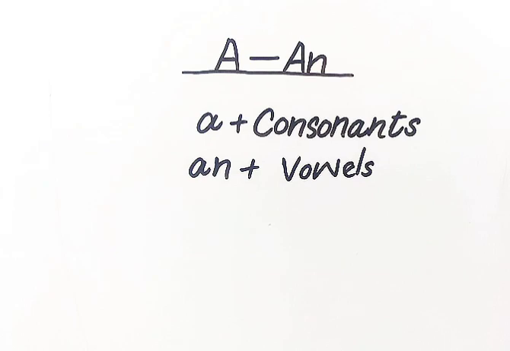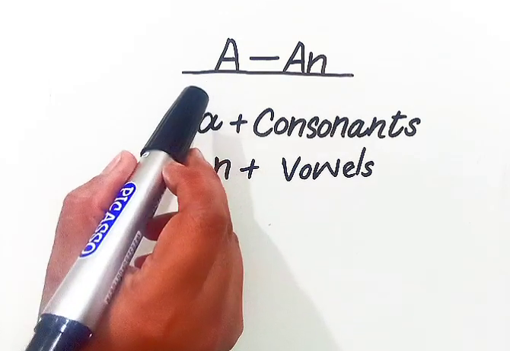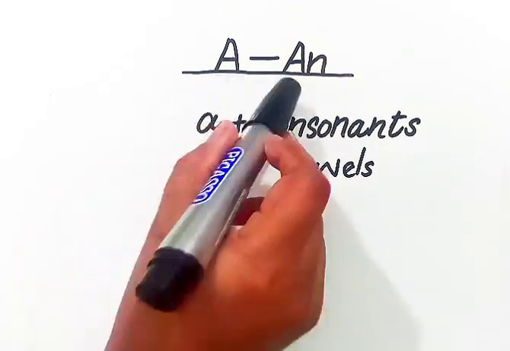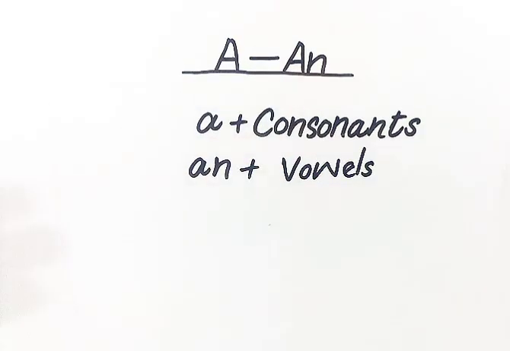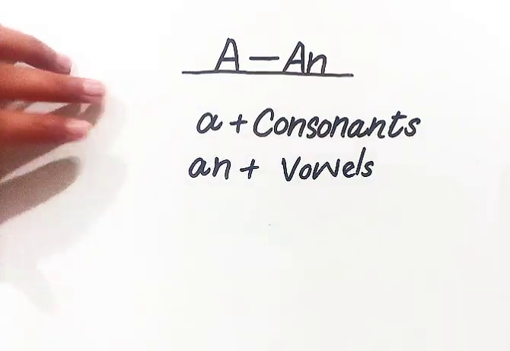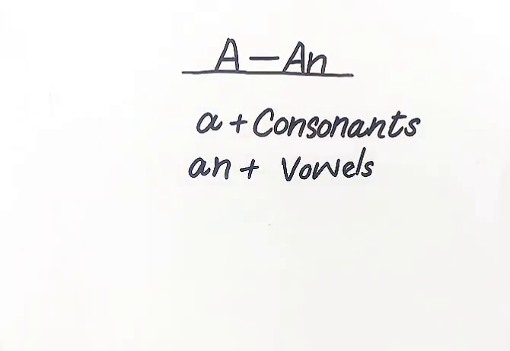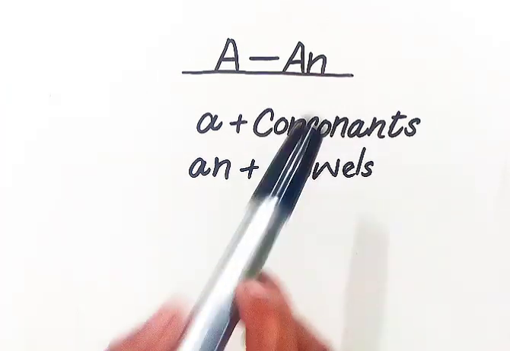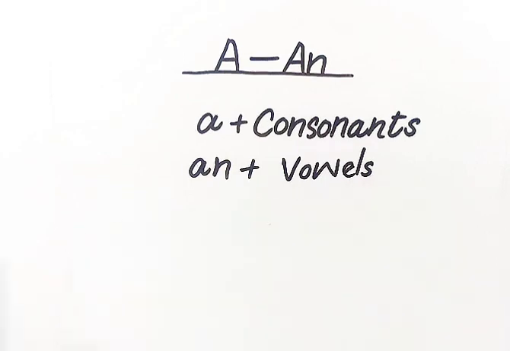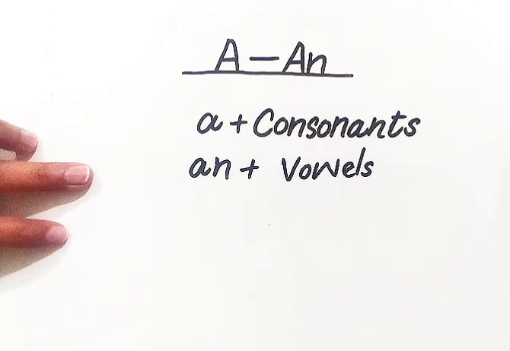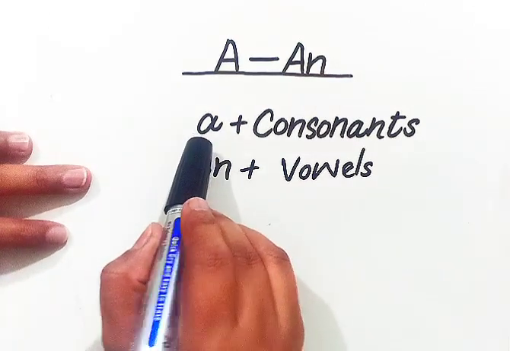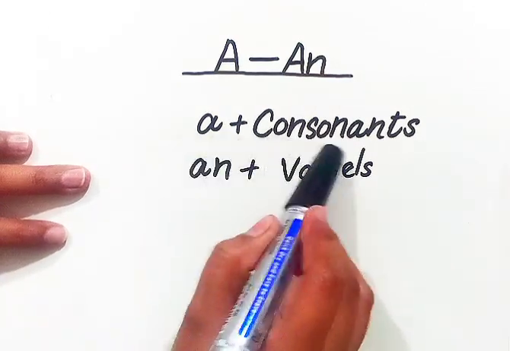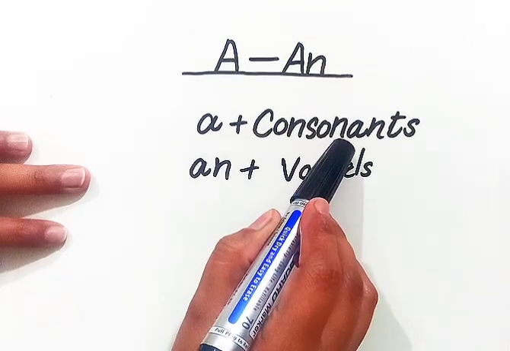In this video, we will learn the concept of A and AN. We will write either A or AN before other words. First of all, A is used with consonants, right?